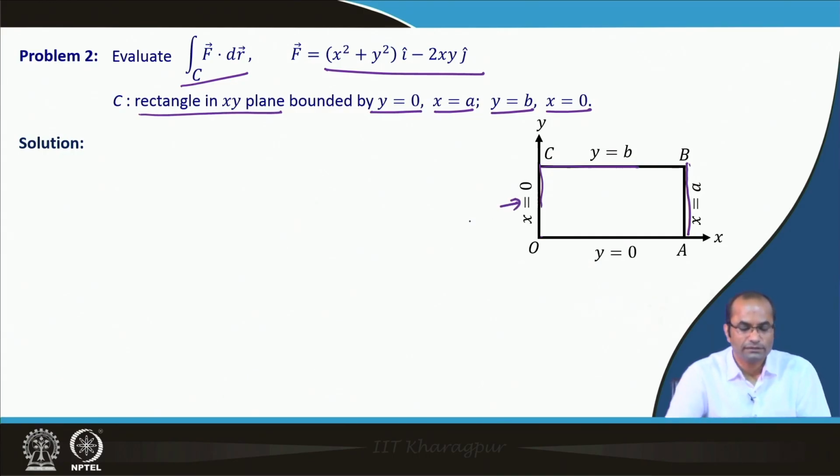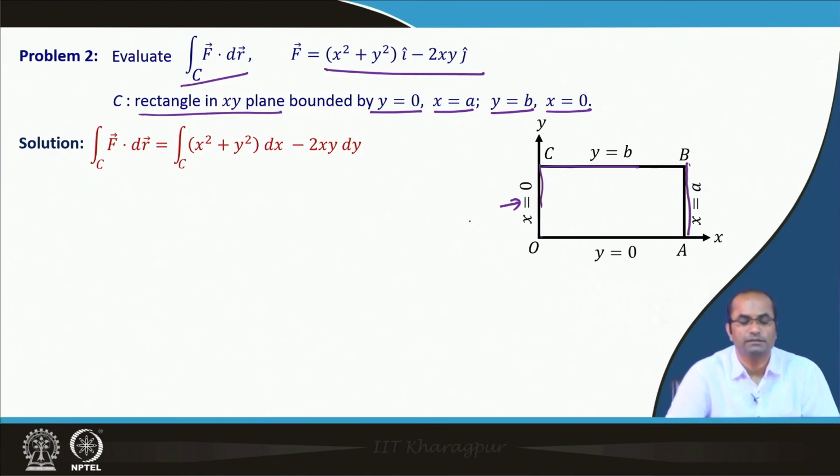So, having this, we will now evaluate this line integral along this boundary of this rectangle. So, F is given x square plus y square and then minus 2xy. Note that in this particular case, since we have given this rectangle in this Cartesian coordinate, here y is 0, on this AB line x is a, and CB line y is b, and so on.